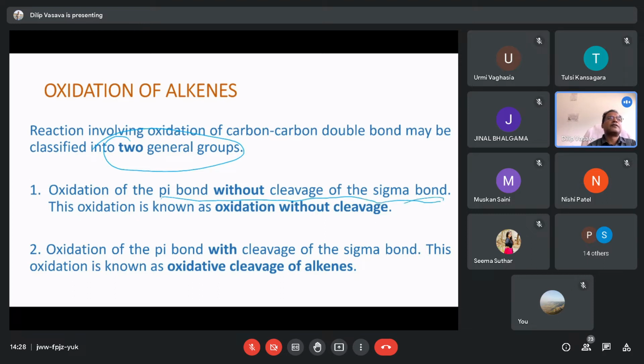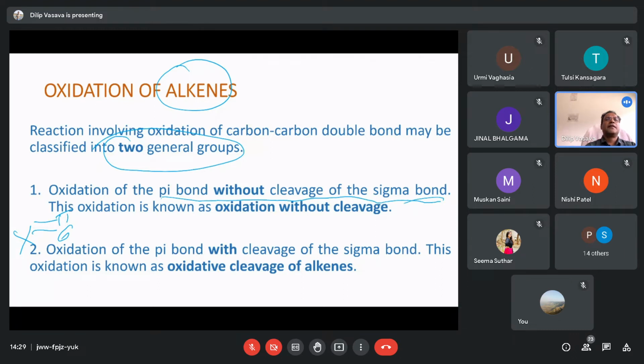Since it is an alkene, a double bond is involved. So this is the pi bond and this is the sigma bond. Without cleavage of the sigma bond, that is known as the oxidation without cleavage.